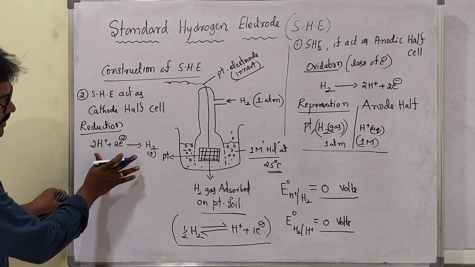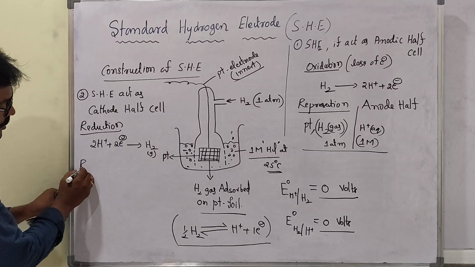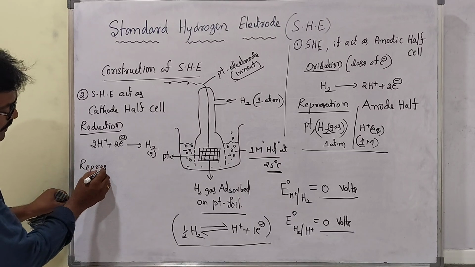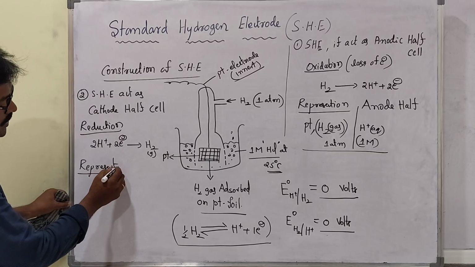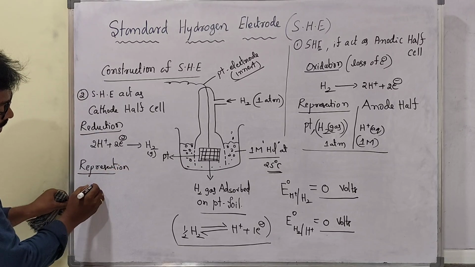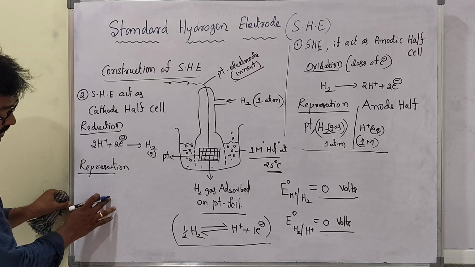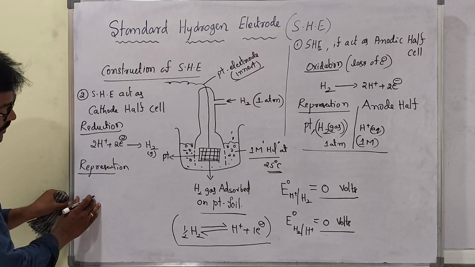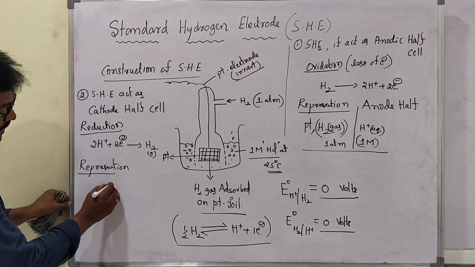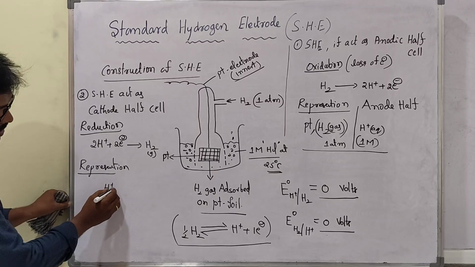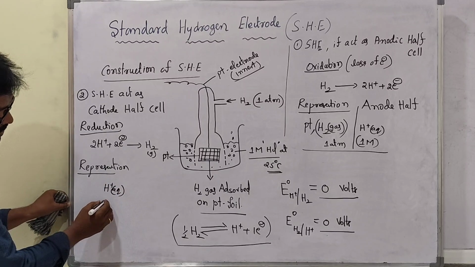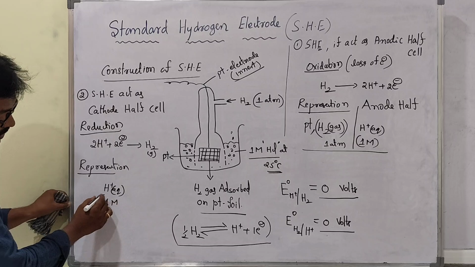So this is the reduction. Then how do we represent it? What is the cell representation? H plus ions, aqueous, we have to mention the aqueous, that is 1 molarity.